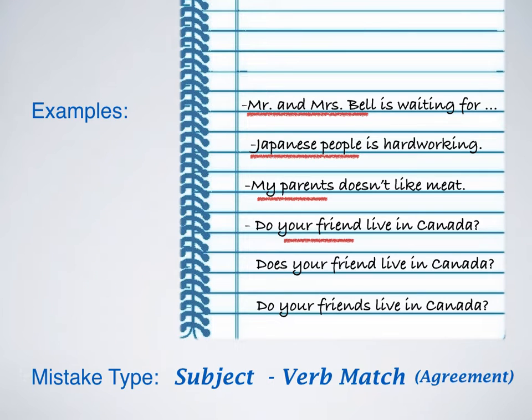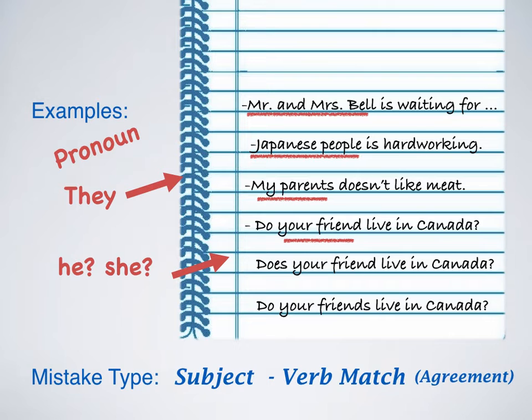If you're not sure, in your mind, change the subject of the sentence to a pronoun. Then read it out loud. For example, Japanese people will become they. And they is sounds very bad, right? And your friend will be he or she.